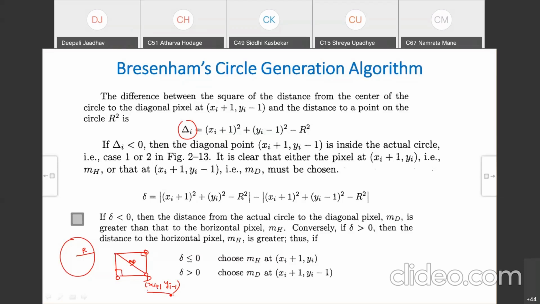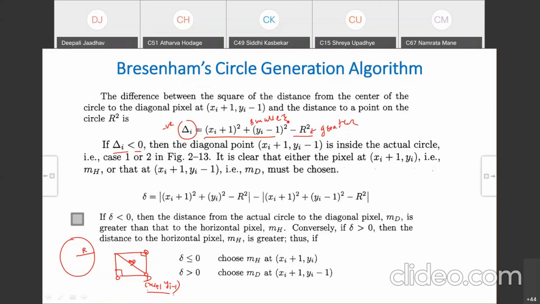If delta I, this value, is less than 0, means what? Negative. If this value delta I is negative, this is the first part, this is the second part. When it becomes negative, when it is greater, when it is smaller, or less minus more, then it becomes negative.